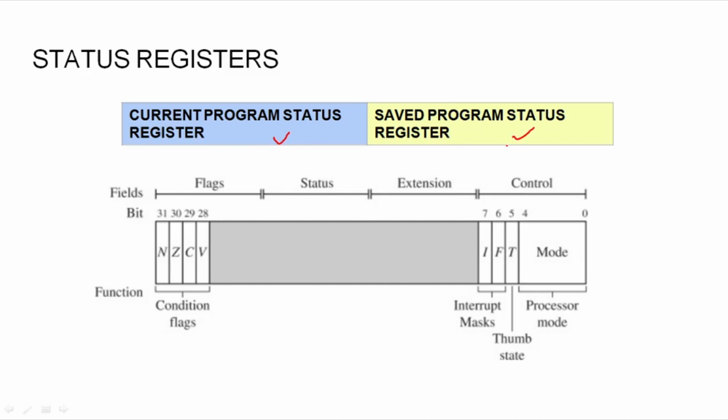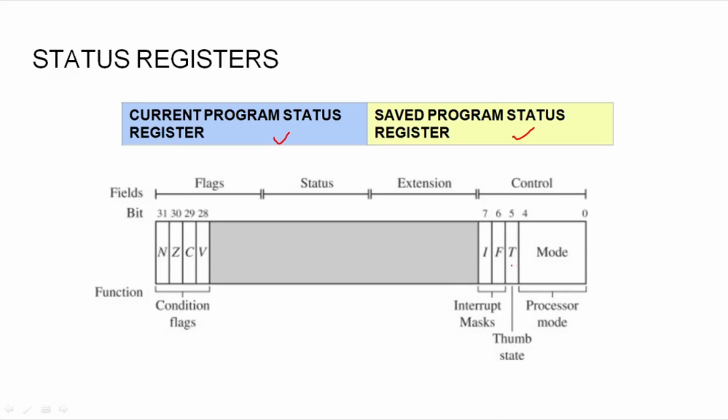Let's look at CPSR. This CPSR is always accessible. It holds flags like N, Z, C, V, processor modes, interrupt masks, and state information, that is, whether the system works in ARM mode or Thumb mode.